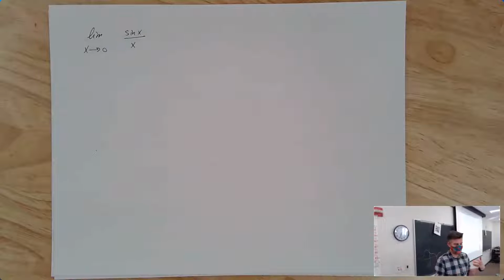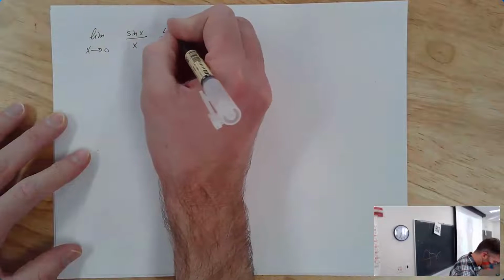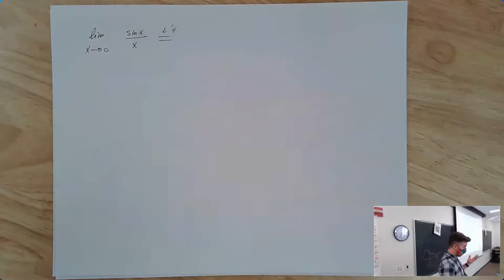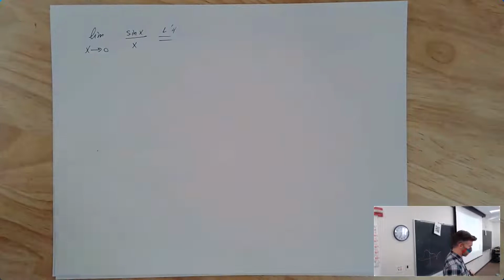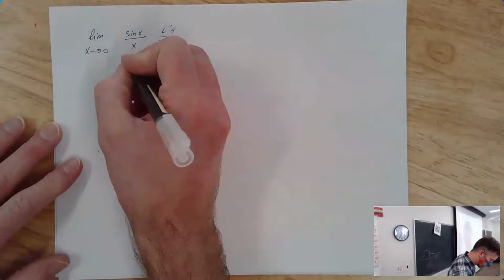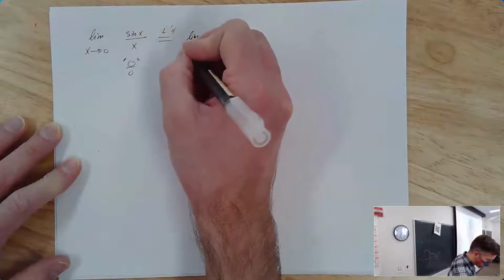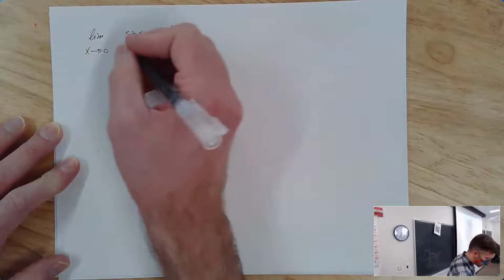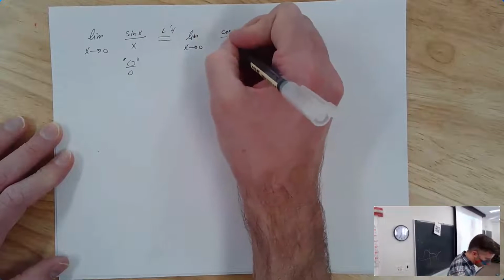We might have shown it was 1, but now we can use L'Hopital's rule. I should point out, we can use it because it's a 0 over 0 type of limit. Sine of 0 is 0, and x being 0 is definitely 0. Using L'Hopital's rule, we get the limit as x goes to 0 of the derivative of sine x, which is cosine x, over the derivative of x, which is 1.